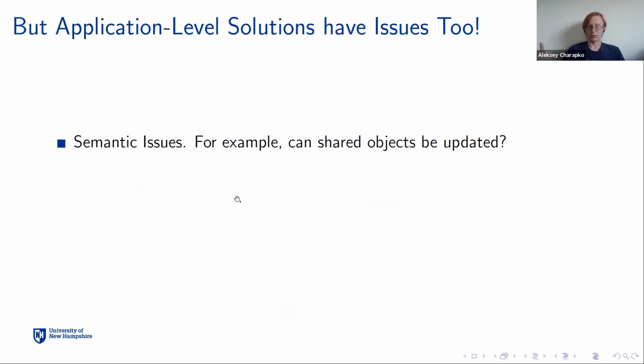Obviously, because this is done at the application level, we tend to run into quite a few problems. Some are semantic issues. It's not very inherent to the application level implementation, but it does show up, right? Semantically, in RPC, everything is copied, everything is passed by value. So now we have to answer questions like, if we have this shared memory, can we update the objects in place, right?